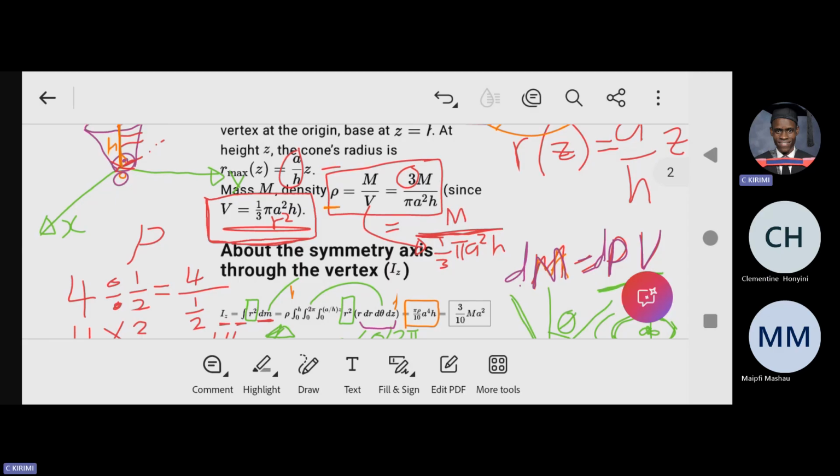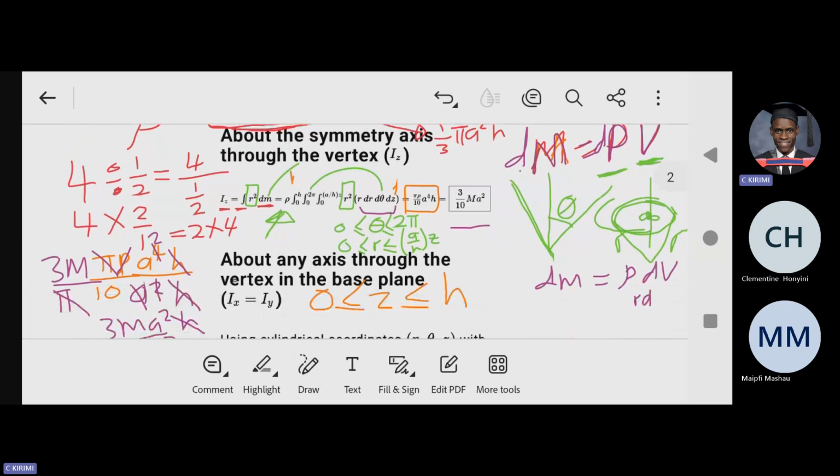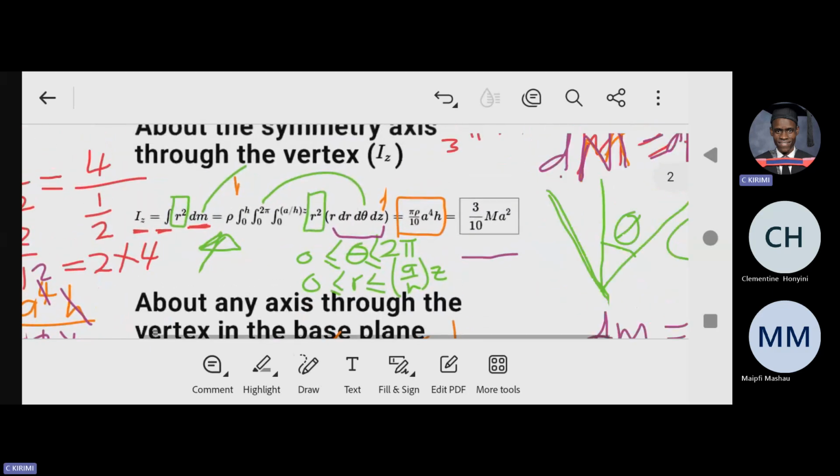Then some terms cancelled, like h and h, pi and pi, and the a squared cancelled with the a to the power 4, which was converted to a squared. So we are done with the moment of inertia about z. Even in an exam, you must be able to set this up. It won't give you a problem, there is nothing difficult for you to remember there.